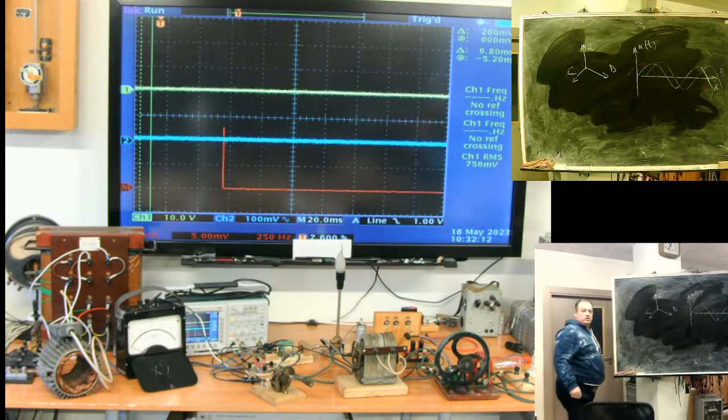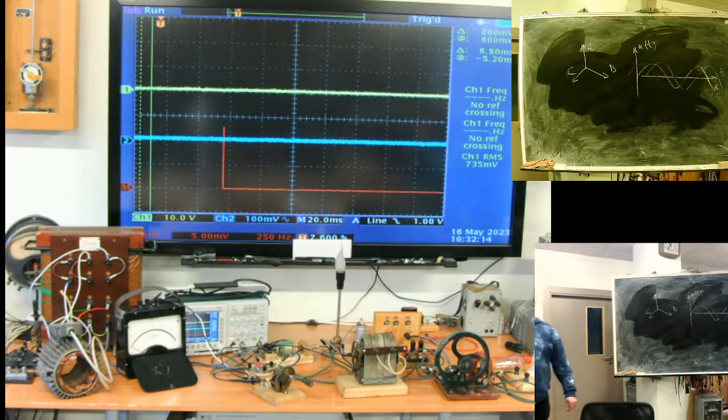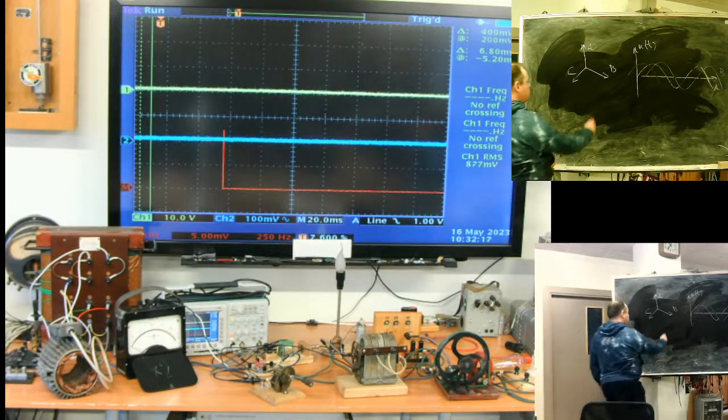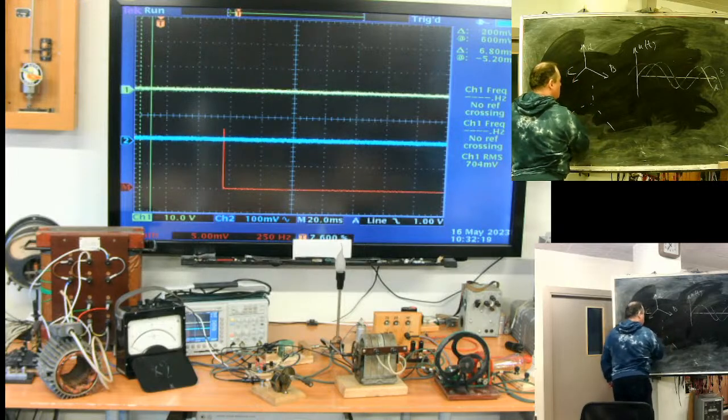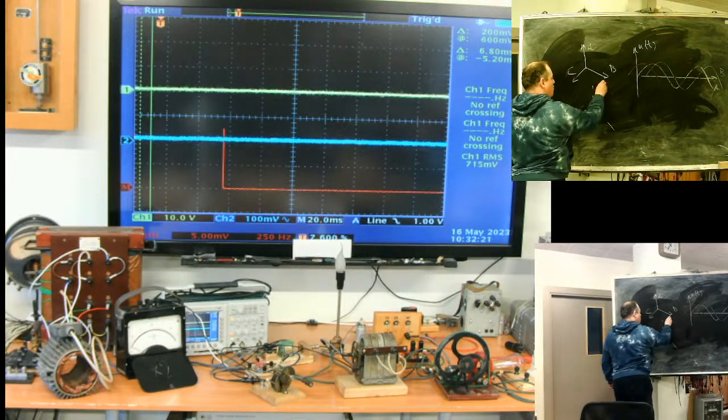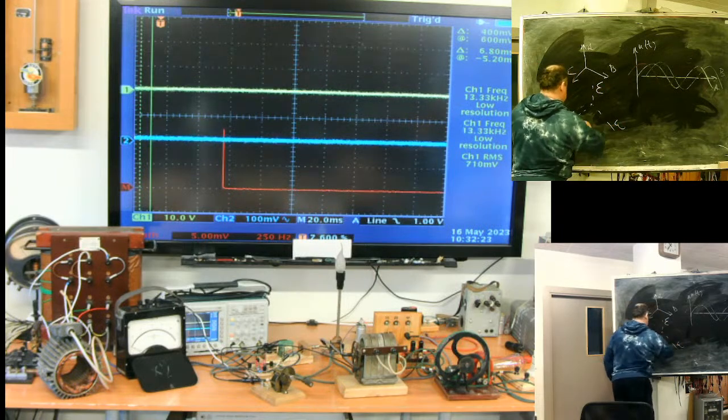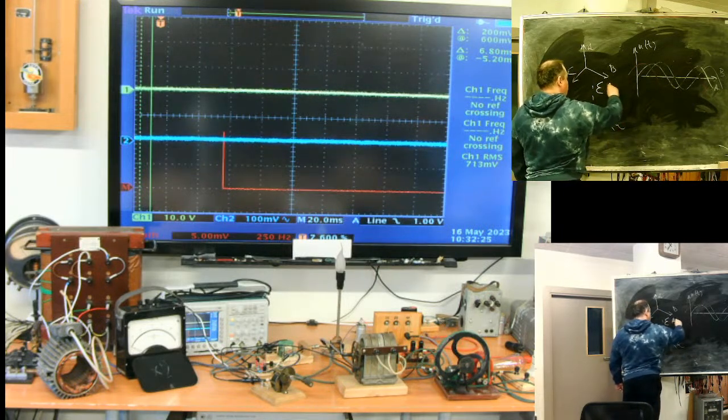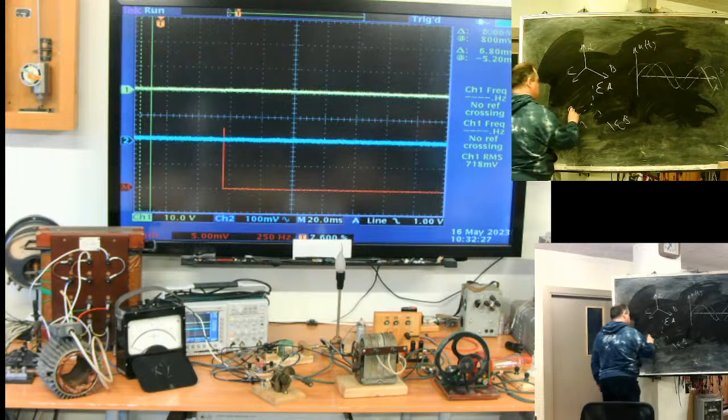ABC phase voltage in time. Use a system of coils. This one will be for A phase, for B, and for C.